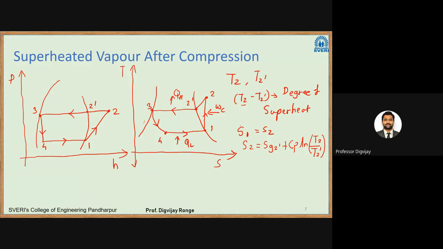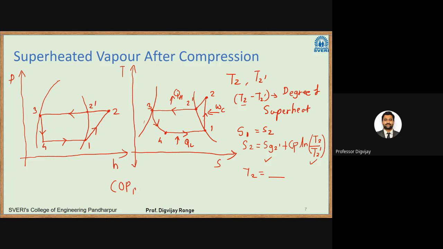This is the formula used to calculate the entropy of superheated vapor. From this equation, Sg2 is known, T2 dash is known, and you can easily calculate T2. That will be the temperature of superheated vapor, right?